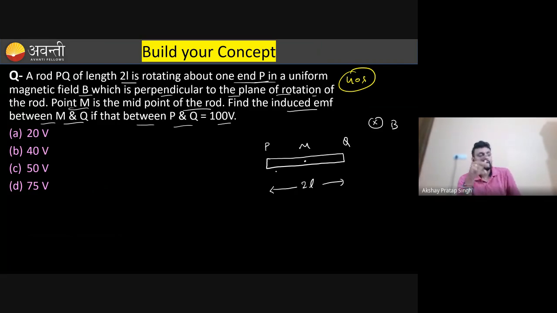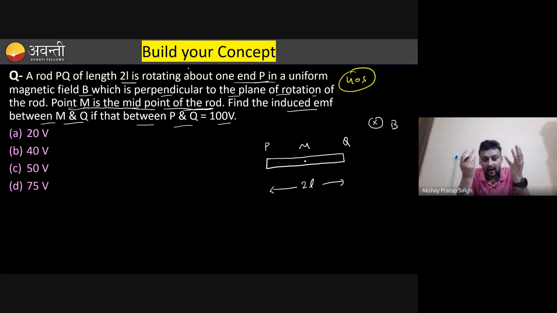As you read the question, the common mistake that you will definitely make is not reading the question carefully. As you see that point M is the midpoint of the rod, suddenly the thought comes to your mind that if it is hinged at the midpoint, then the EMF induced will be zero. This will ruin everything and your mind will be stuck at this point only.